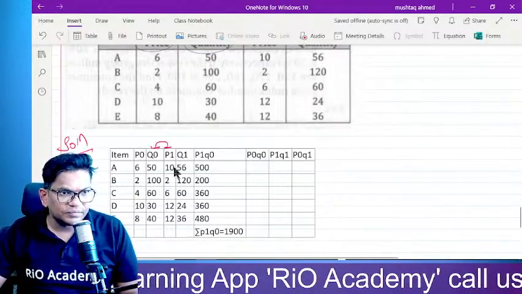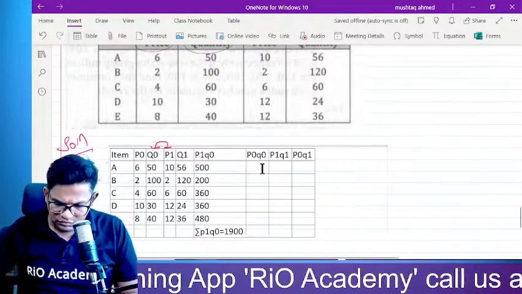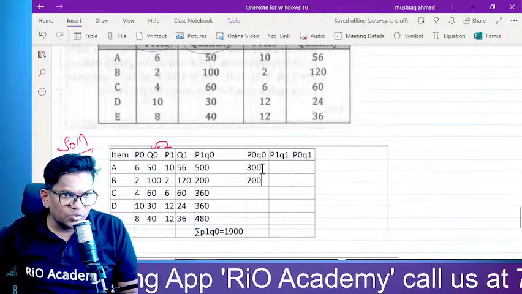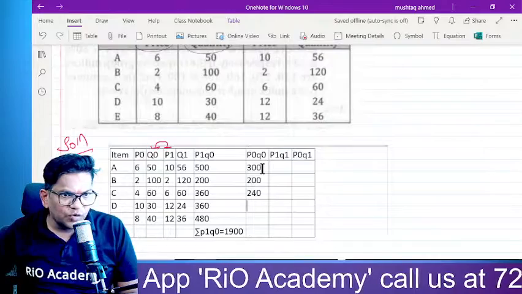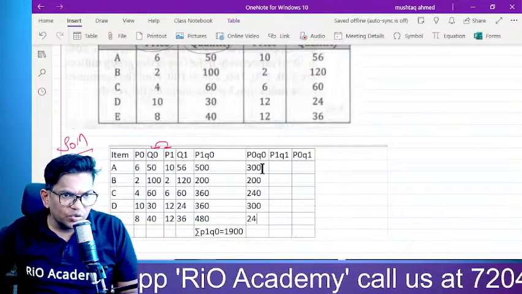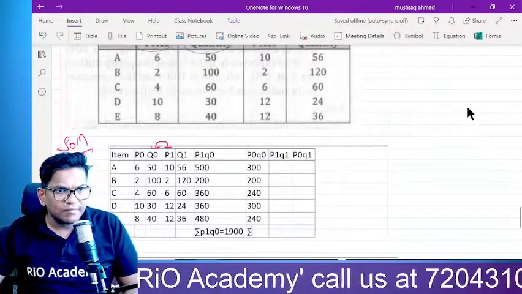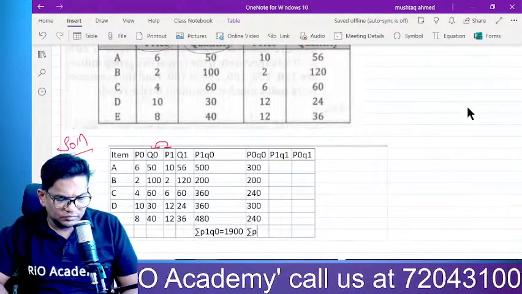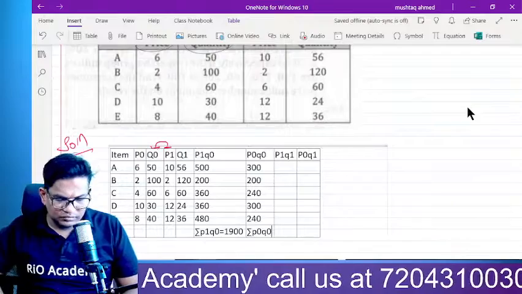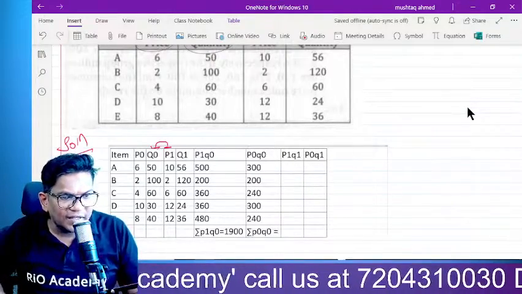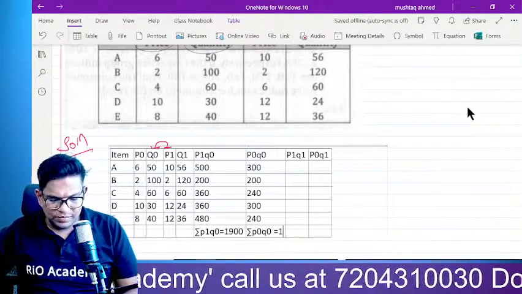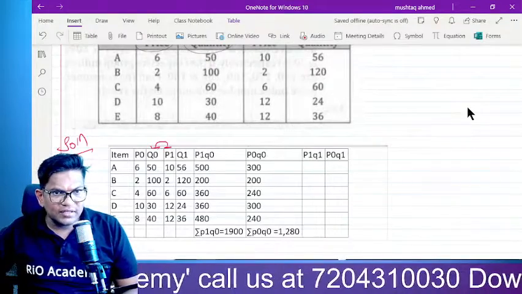Next. 300, 200, 240, 300, 240. Add this. 1,280. 280.